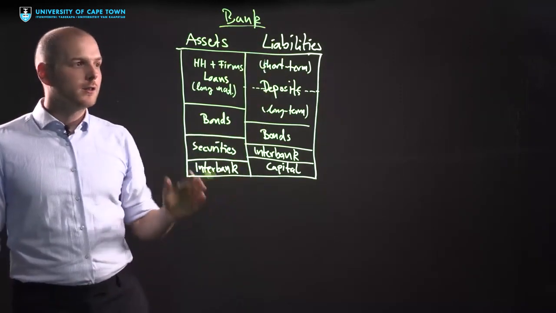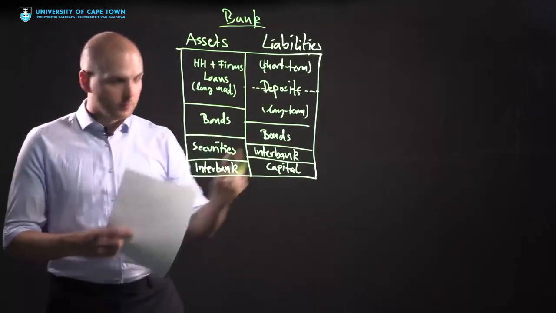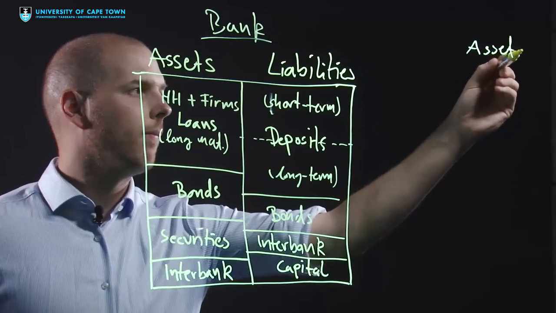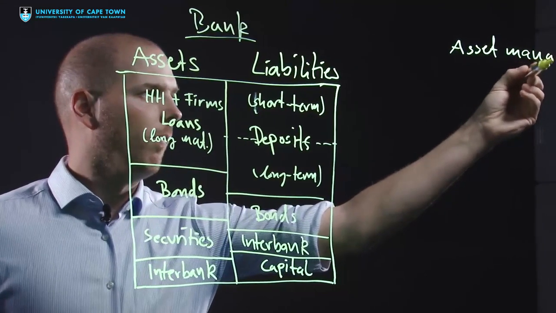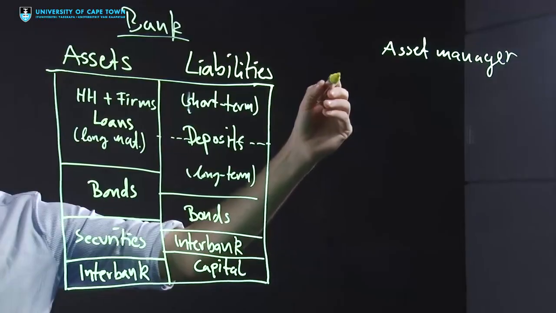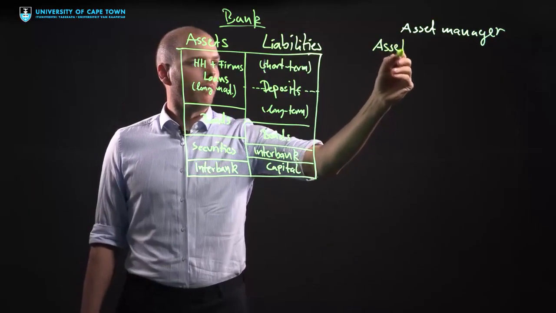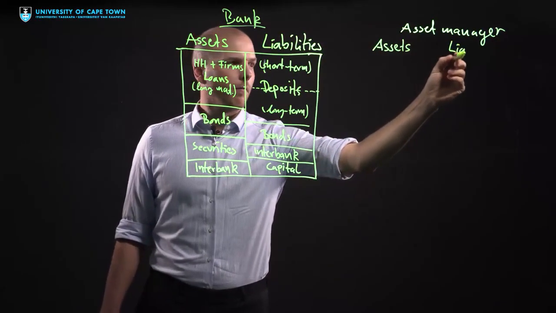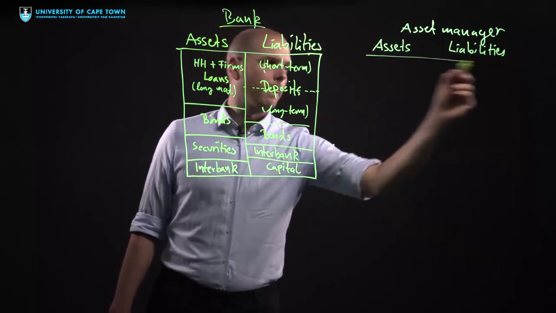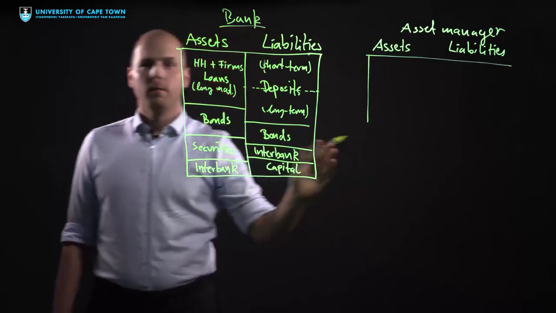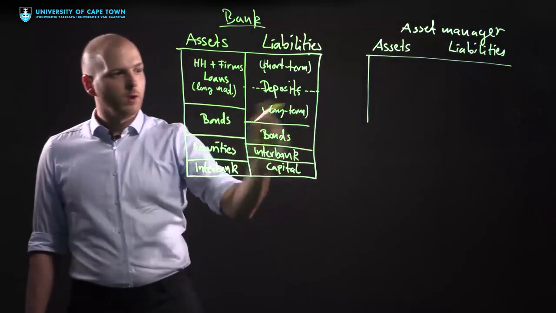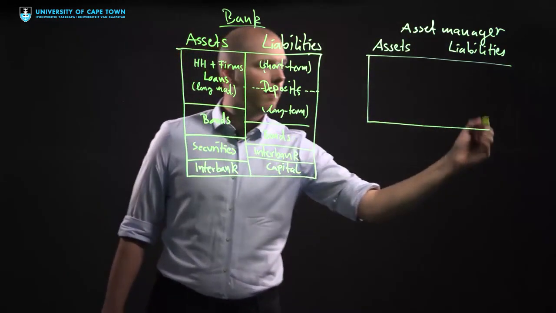For asset managers, it looks slightly different, but similar. So if we want to look at the balance sheet for an asset manager, we again have assets and liabilities. But since asset managers are a bit smaller on average than banks, we draw their little rectangular box a little smaller.